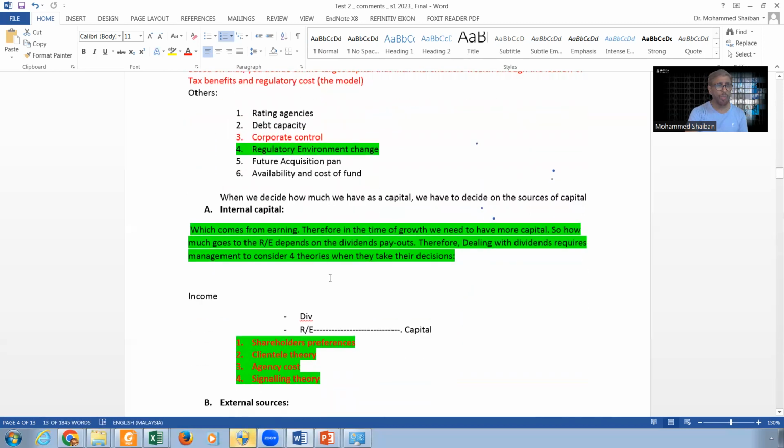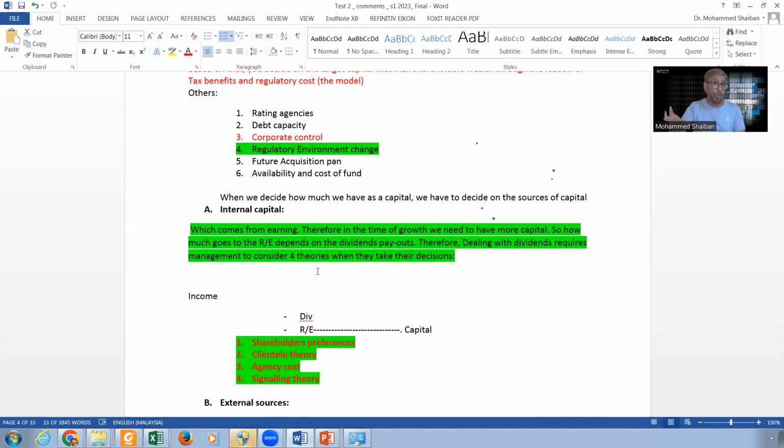Now, when we talked about capital, we also talked about 2 models. We talked about ICGR, and there will be a calculation about it. And also we talked about the asset growth model. But one more important thing is that if we depend on internal capital, which comes from the net income, this net income will go to dividends, or we can hold it and call it retained earnings, and it becomes part of the capital.